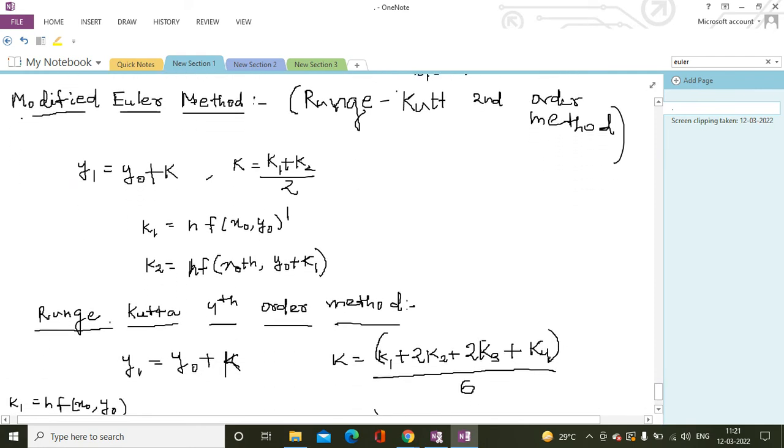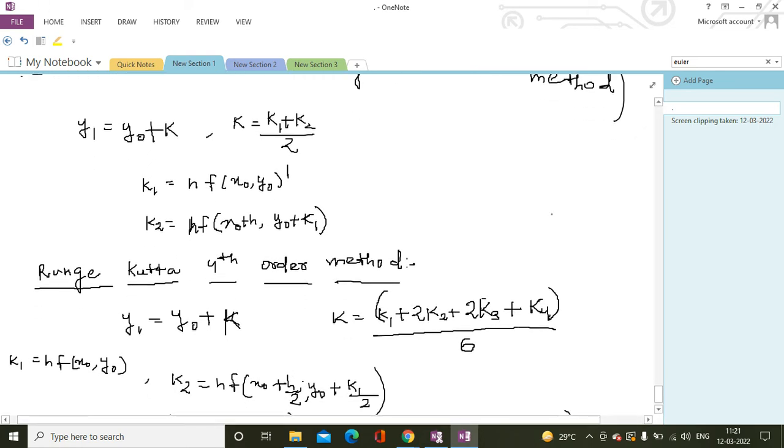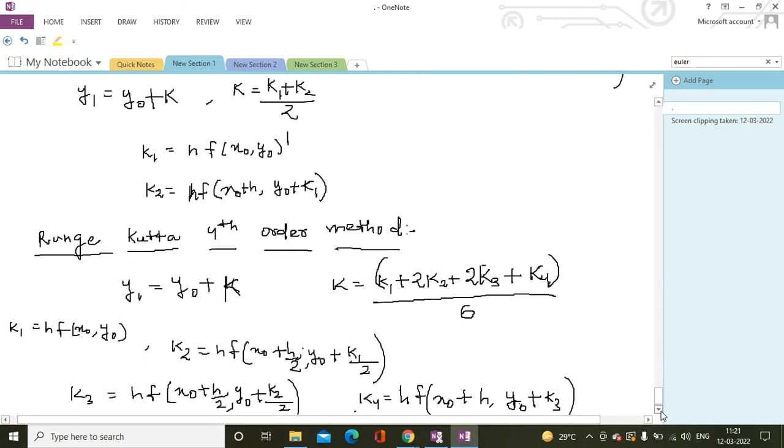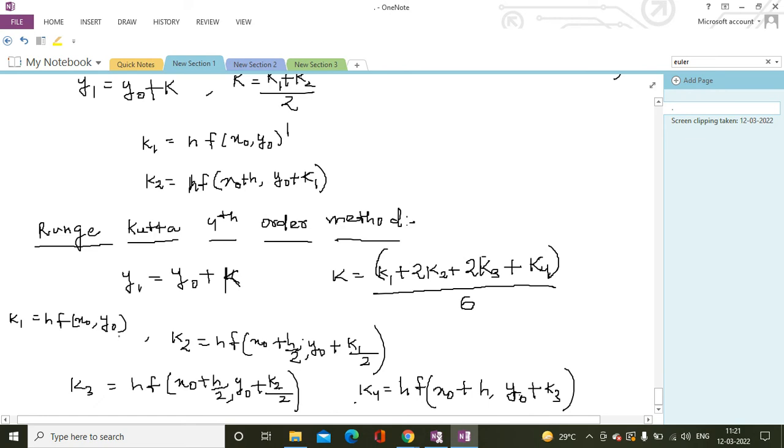Okay guys, similarly another method is there, that is Runge-Kutta fourth order method. Here also first iteration, that is y1 equal to y0 plus k, and k will be evaluated by the formula (k1 plus 2k2 plus 2k3 plus k4) by 6. So k1 formula is similarly h into f of x0 comma y0. k2 is h into f of x0 plus h by 2 comma y0 plus k1 by 2.